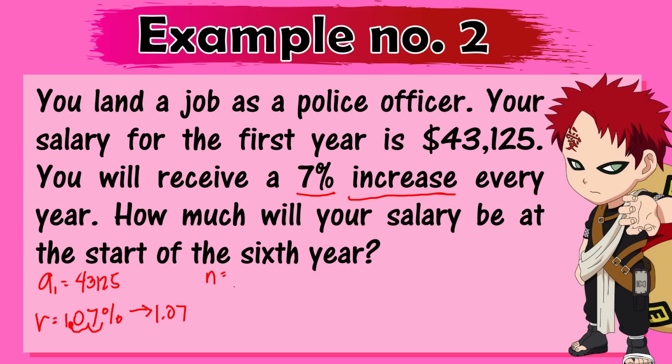Ano ang magiging value ng n? So, mula first year hanggang 6th year. So, n will be 6. So, ang tinatanong, magkano yung magiging sweldo doon sa 6th year? So, kung ang sweldo niya ngayong year, or yung A sub 1 natin, first year siya ay 43,125. So, ang hinahanap natin yung magiging sweldo niya doon saan?